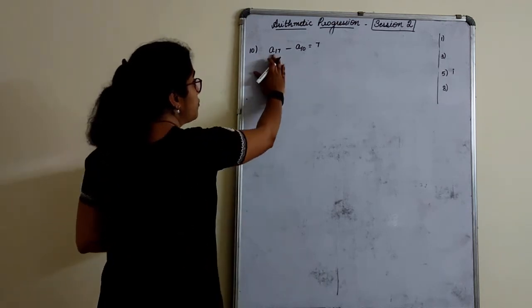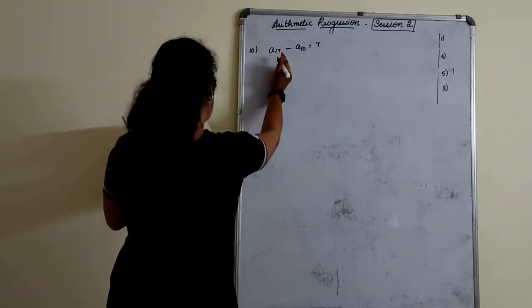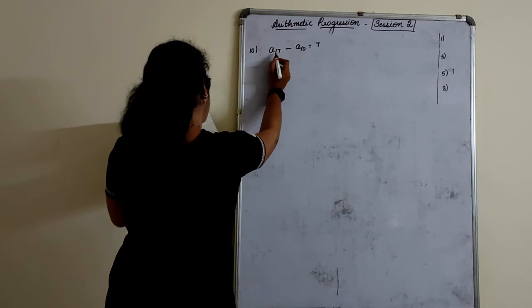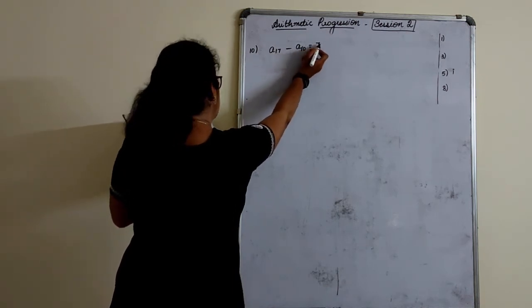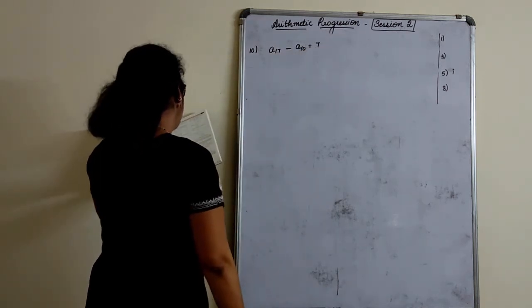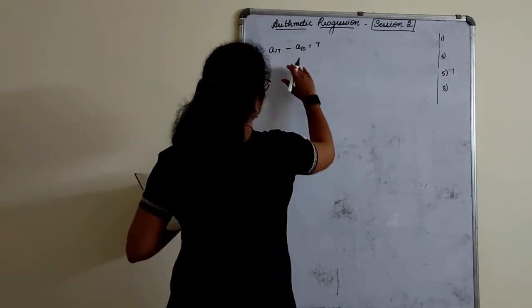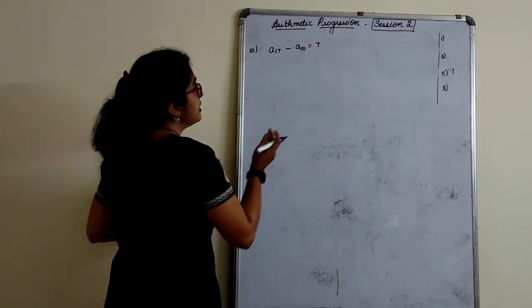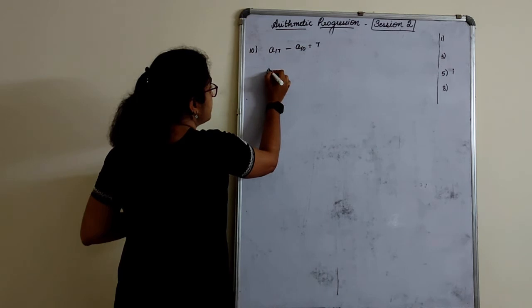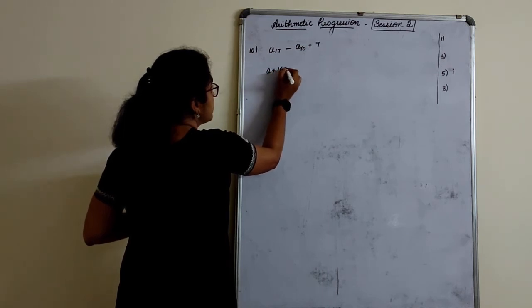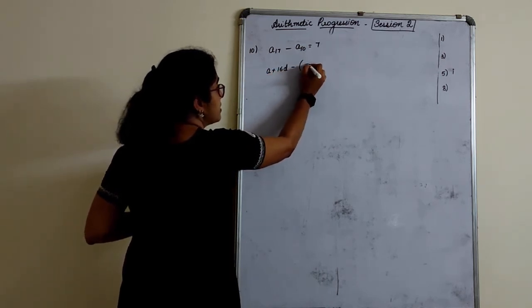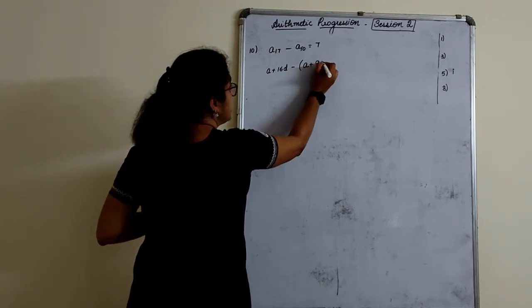So, see the question according to what I am writing. 17th term of an AP exceeds 10th term by 7. Find the common difference. With this we have to find the common difference. Let's see how to find. A17 is written as A plus 16D minus A plus 9D.